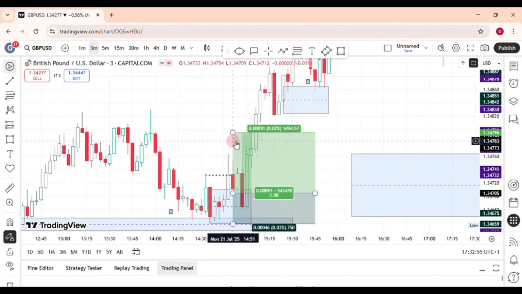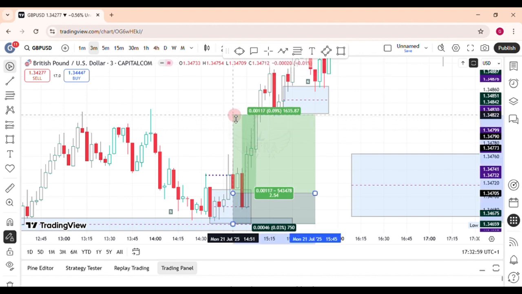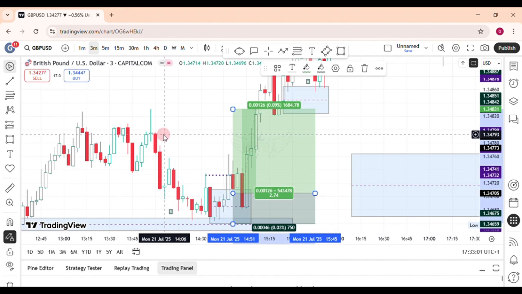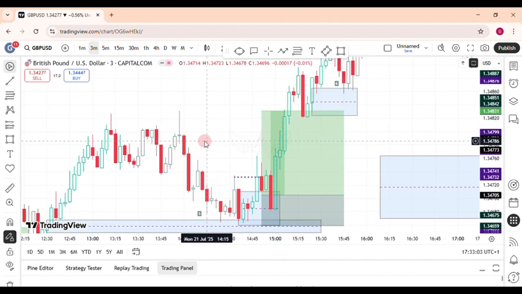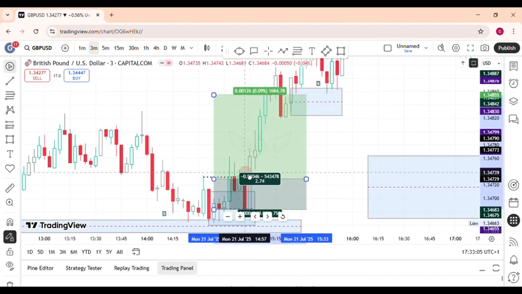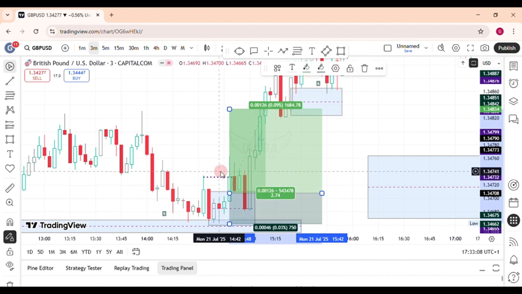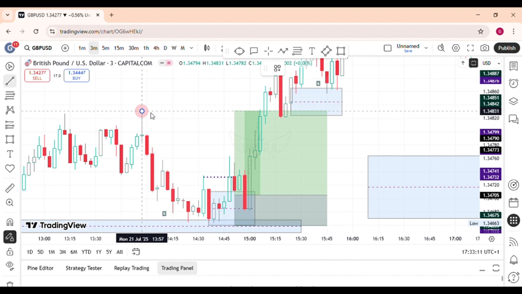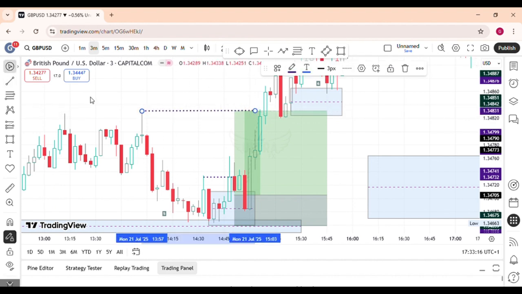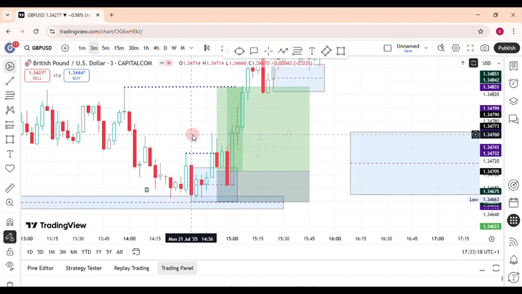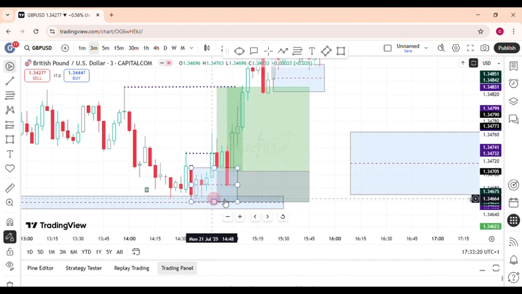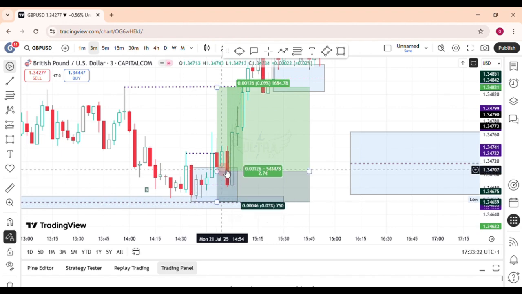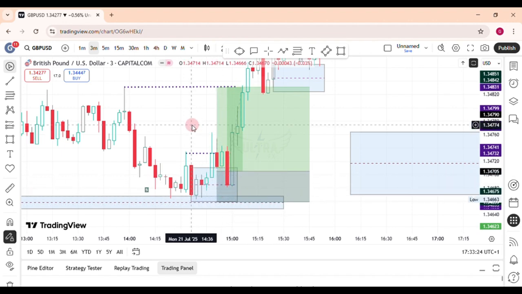Now because of greed, some might not want to take profit at that spot, so you can actually place it automatically. So this would be our TP right here, right at this previous high, and our stop loss, like I said, right below that low that created for us our next fair value gap for our entry.